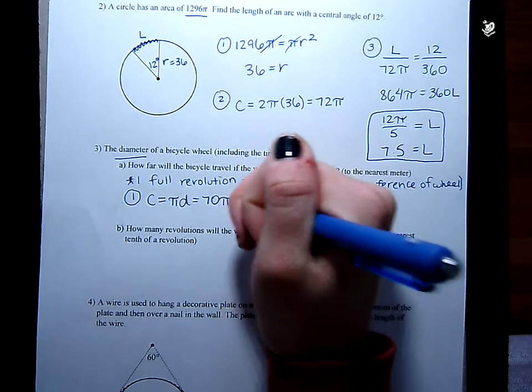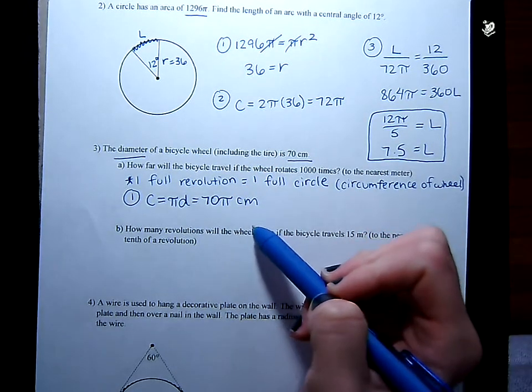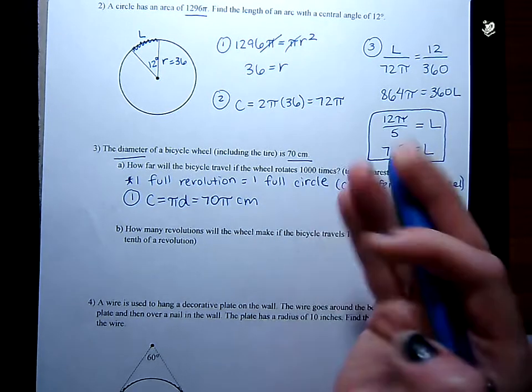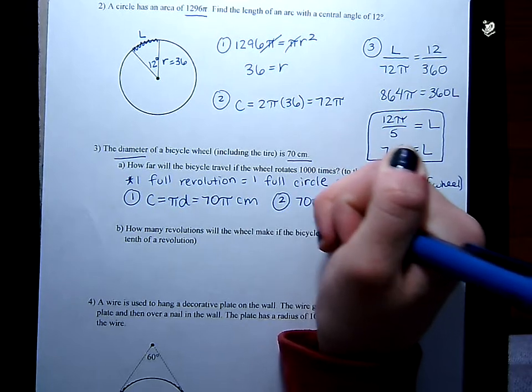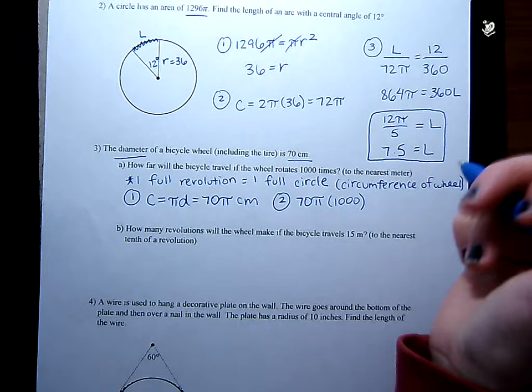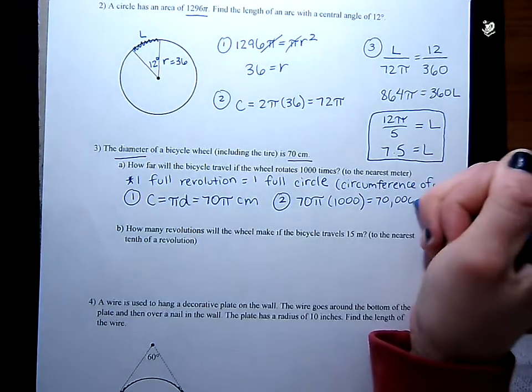And that's in centimeters. So to go around the tire once, it's 70 pi centimeters. So if I'm going to go around 1,000 times, I should just multiply my circumference by how many revolutions I'm doing. And that gives me 70,000 pi centimeters.